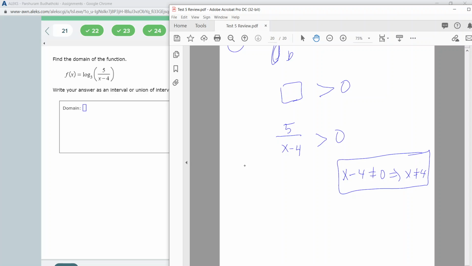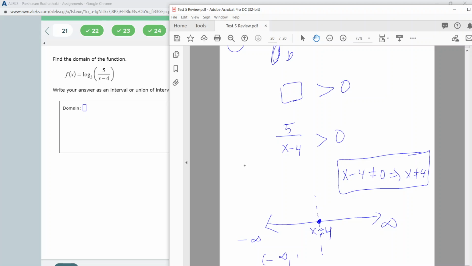If you look at this function here, the zero of x minus 4 is at x equal to 4, where the function would be undefined. There is no 0. So now you have to look at the value of this rational function on the left side of 4 and on the right side of 4, because at 4 the function is undefined.